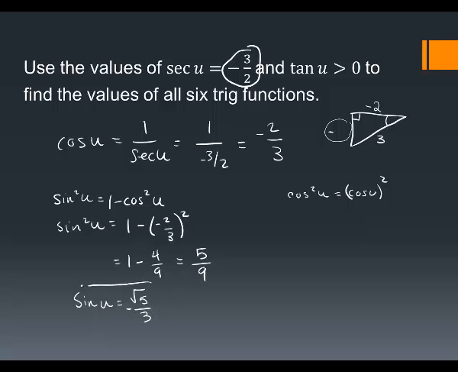So we have sine. We have cosine. Let's do the other ones. Now everything else can be derived from this. Excuse me. So next we have sine, cosine. Let's do tangent.